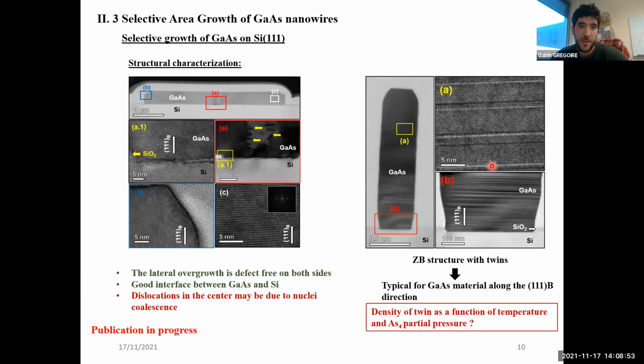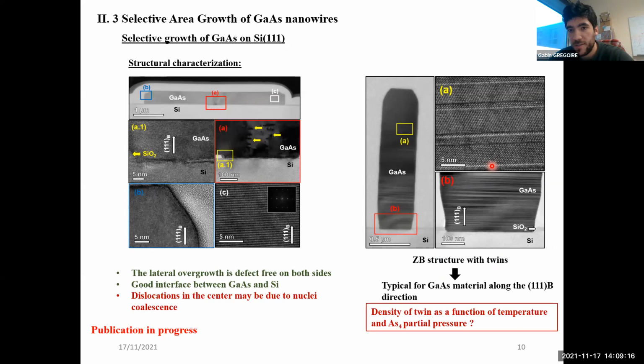So concerning their structural properties, the platelet exhibits a defect-free lateral overgrowth. The interface between gallium arsenide and silicon is quite good, and we can observe some dislocations in the center of the opening, which are the result of the coalescence of the nuclei.